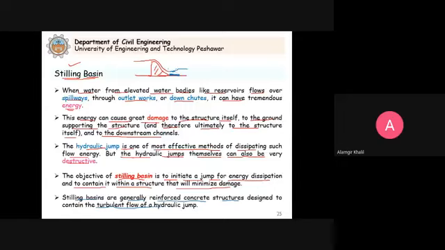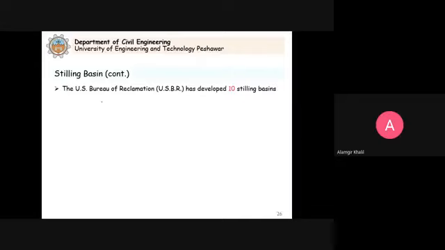So the energy is dissipated, and it will protect the channel bottom against erosion, and also increase the stability of the hydraulic structure, because if the material is removed due to erosion, it will pose a threat to the stability of the hydraulic structure. For this purpose, we provide these stilling basins. Let us now see this.